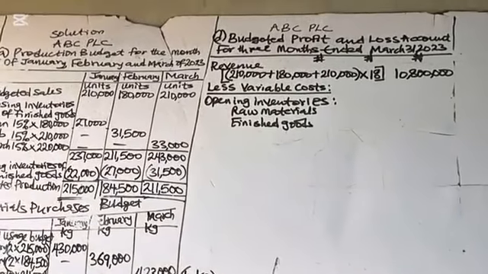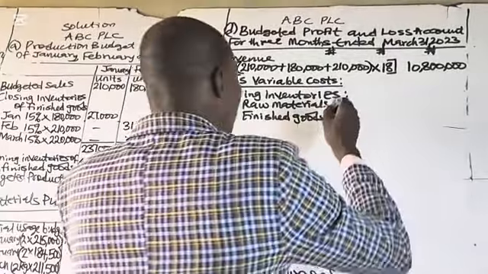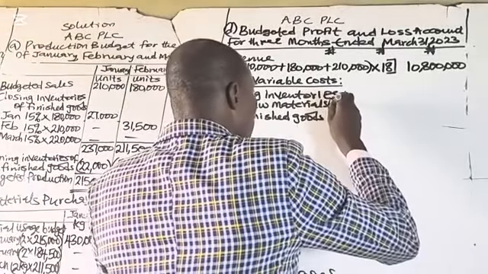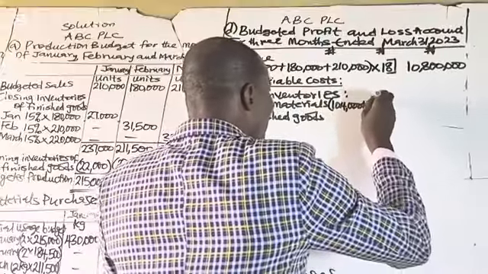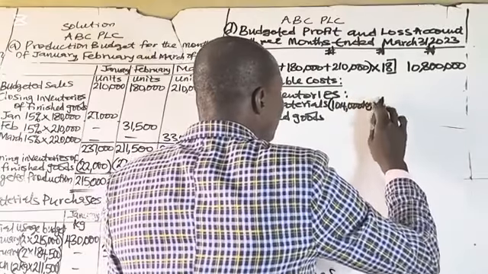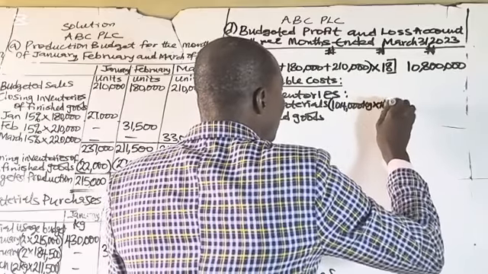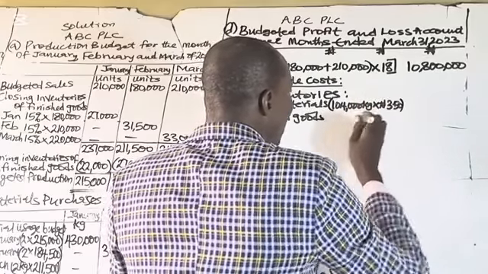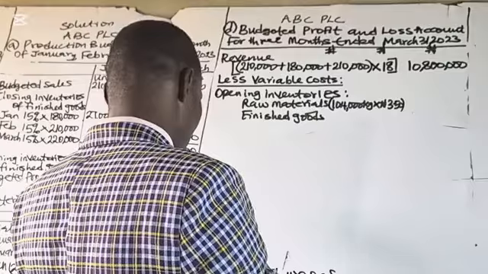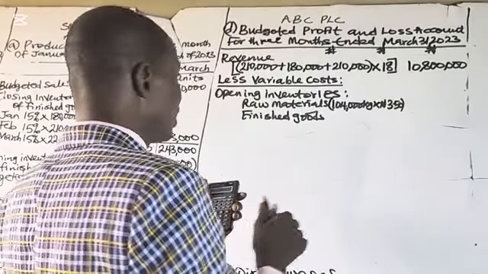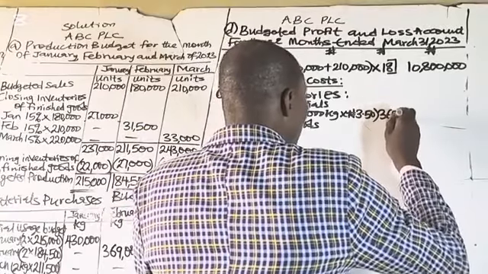We have opening inventories of raw material 104,000 kg times 3.5. That gives us 364,000 naira.